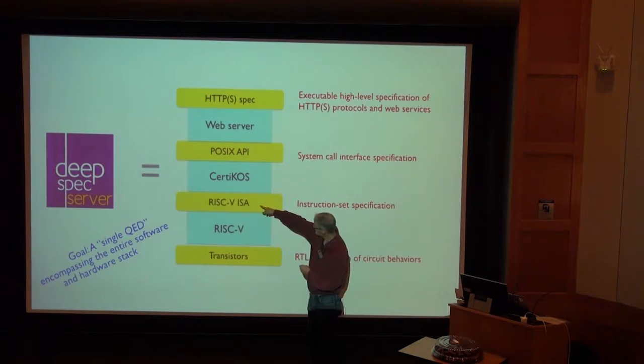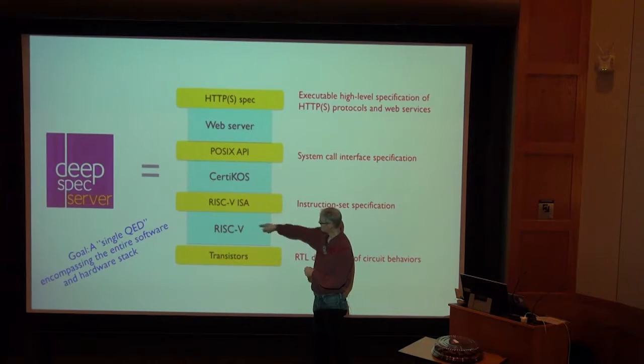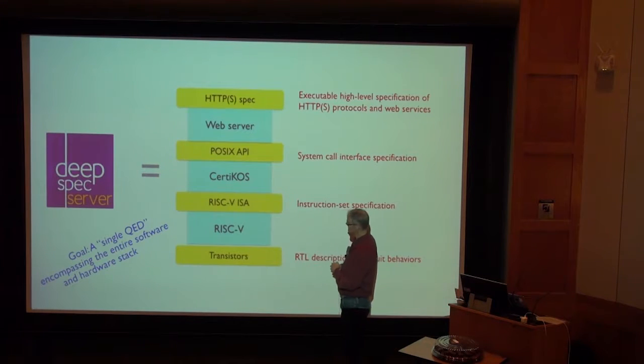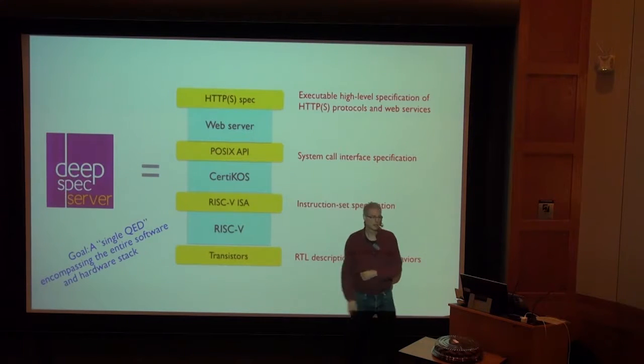It's running on top of a RISC-V chip specified at the ISA level, as usual, and that chip is going to be fabricated from code that Adam and his collaborators at MIT write. So the intention really is to go all the way from transistors to the network.